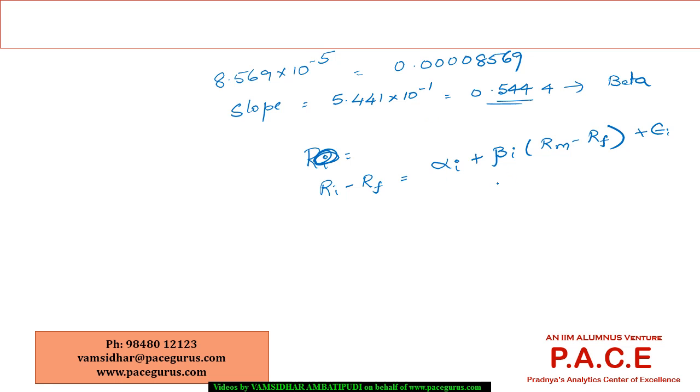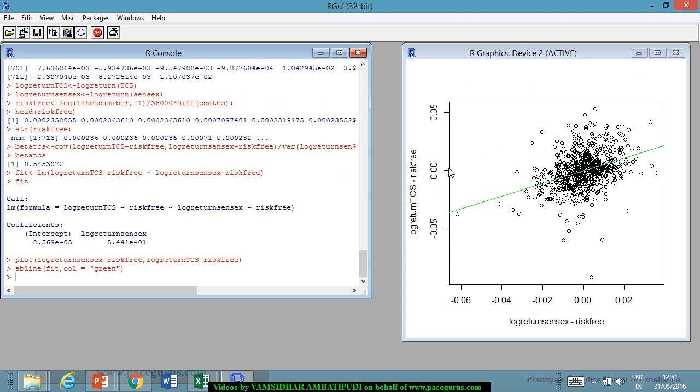Now what we are saying is, this has a mean of 0, so I can take this out. But as per the CAPM, alpha will not exist. So alpha should be equal to 0 as per the CAPM. So I can very well set alpha to be 0, and I can still go ahead with my model.